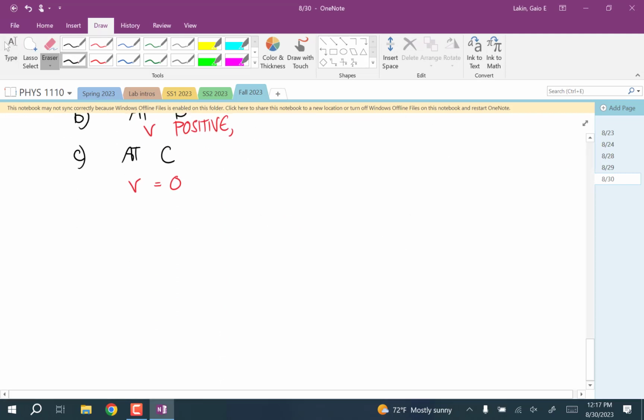So now let's talk about the acceleration. In everyday speech, acceleration means speeding up and deceleration means slowing down, okay?